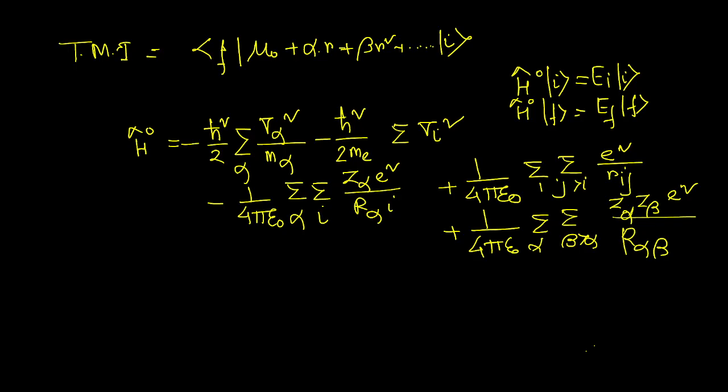Now we just need to solve this to get these things. So here comes Born-Oppenheimer. You can see this is a big Hamiltonian equation that incorporates the kinetic energy of nucleus and electron, nucleus-electron attraction, electron repulsion, nucleus repulsion, so many terms.